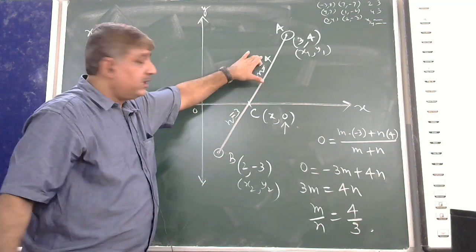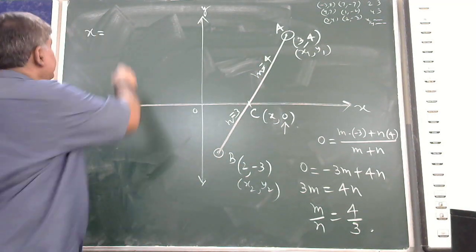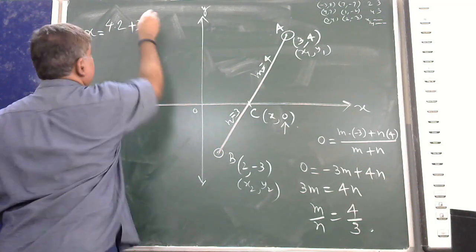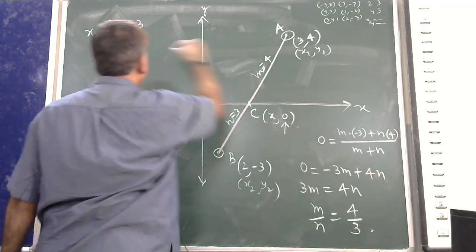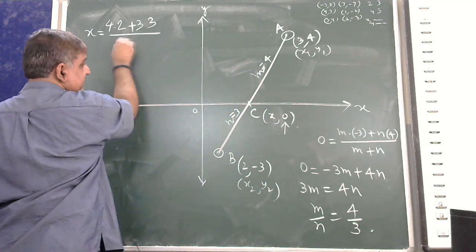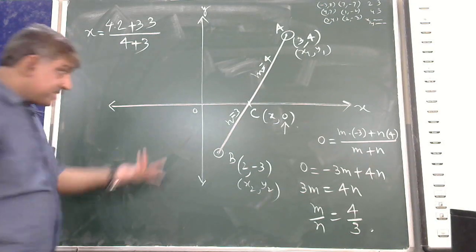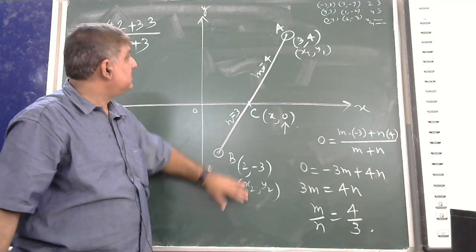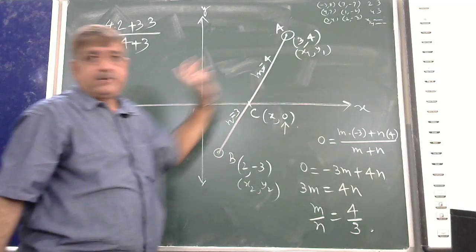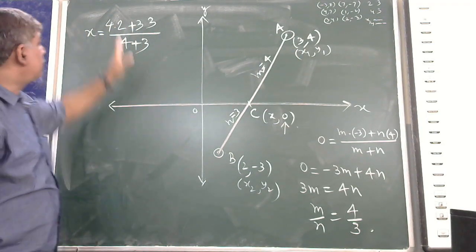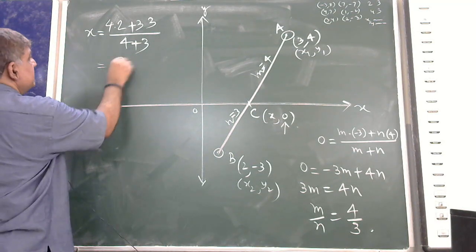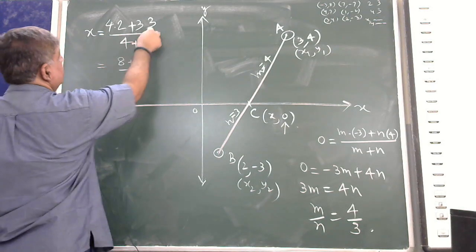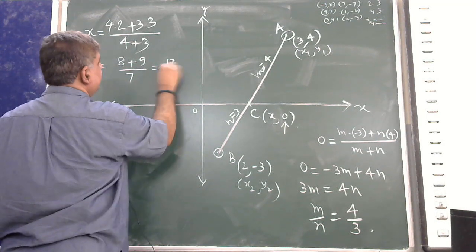M means 4 and x2 means 2, n means 3 and x1 means 3, divided by 4 plus 3. So 4 into 2 plus 3 into 3 by 4 plus 3 gives 8 plus 9 by 7, that is 17 by 7.